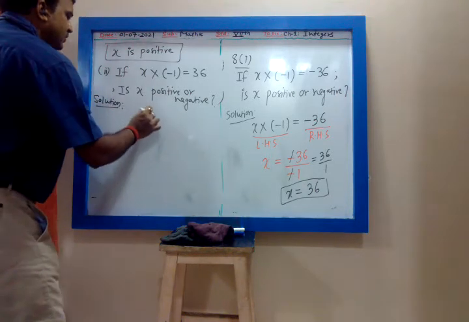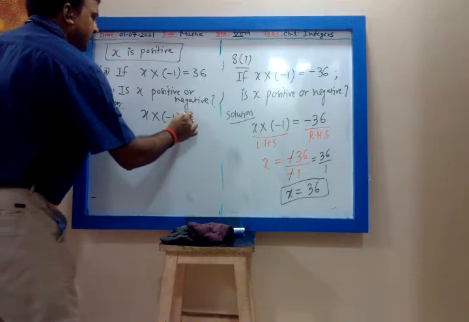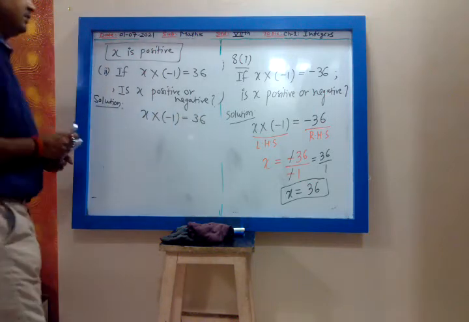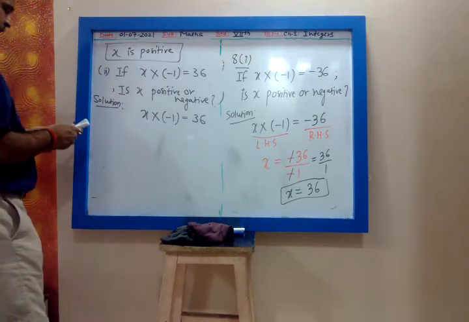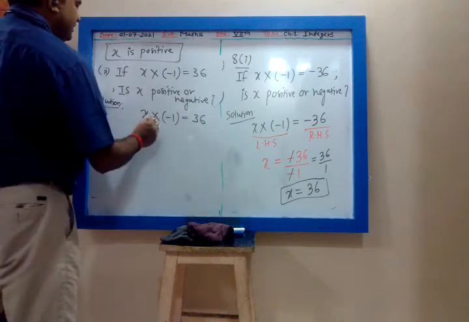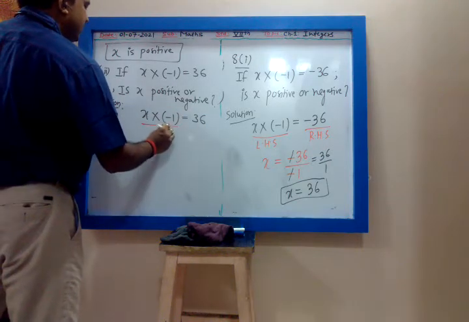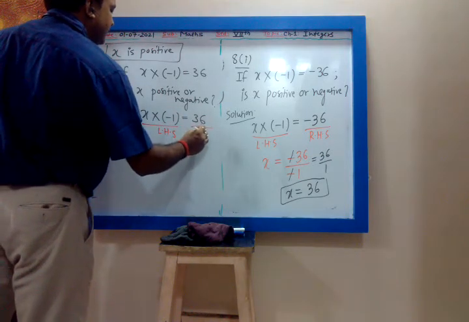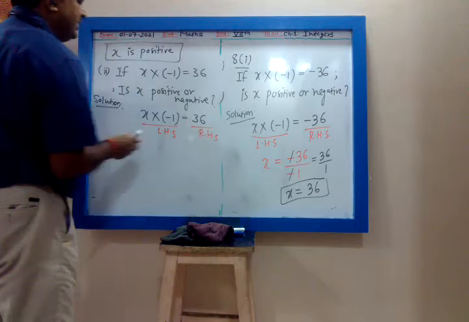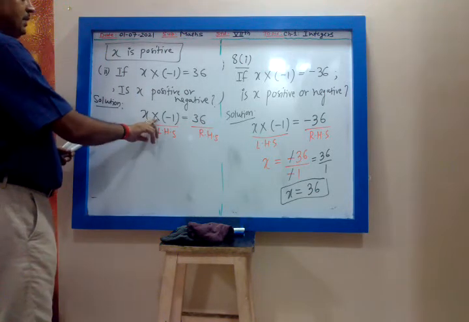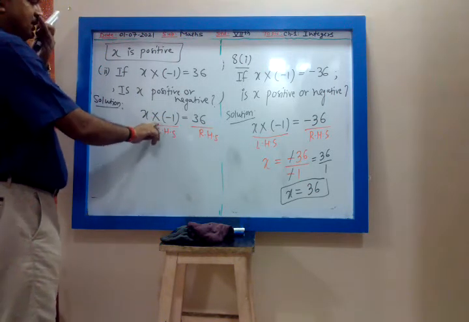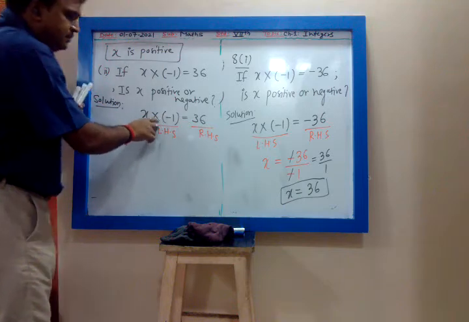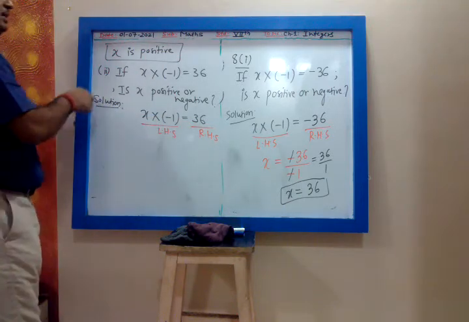Solution: x into minus 1 is equal to plus 36. Correct? Now, before equal to is my left hand side, after equal to is my right hand side. So whenever we change the side of any number, plus becomes minus, minus becomes plus, multiplication becomes division, division becomes multiplication.